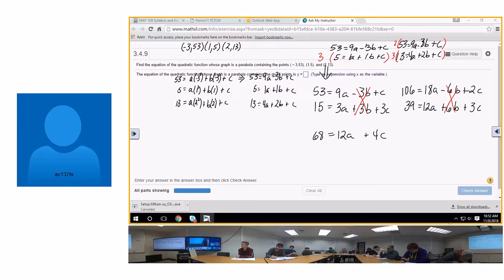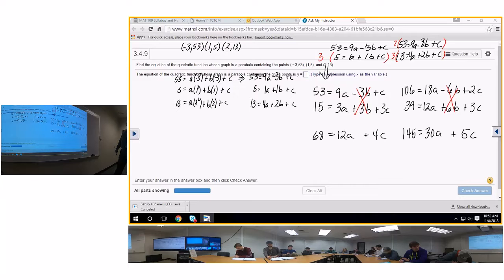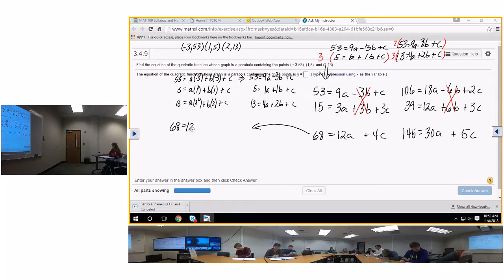And 145 is equal to 30A plus 5C. And now we're going to put those two together: 68 is equal to 12A plus 4C, and 145 is equal to 30A plus 5C.